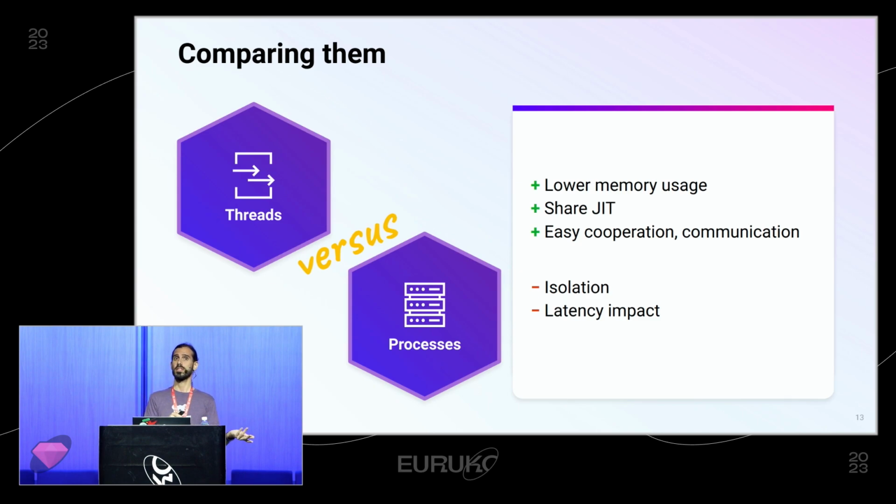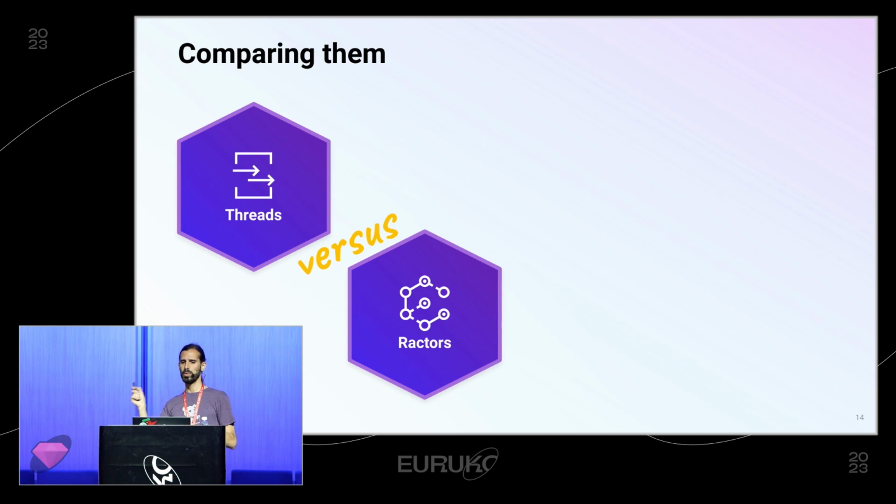As well as latency impact. When you have multiple threads in your application, they can impact each other's latencies, whereas with processes, technically you can too, because they're still inside the same machine or container, but usually the operating system will do a lot better job of making sure everyone gets the time they want, versus when you have threads in Ruby.